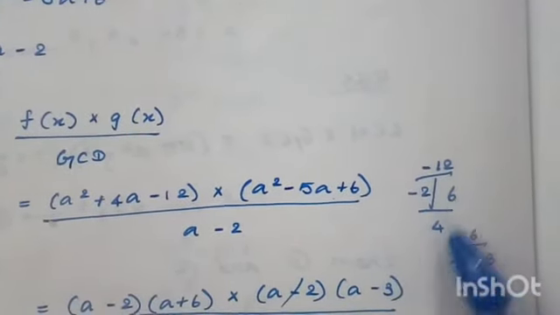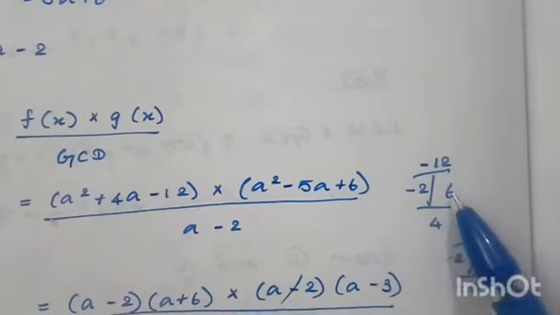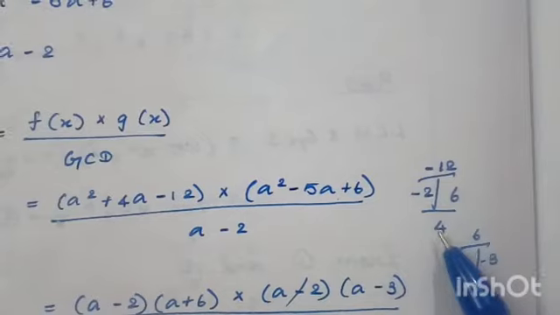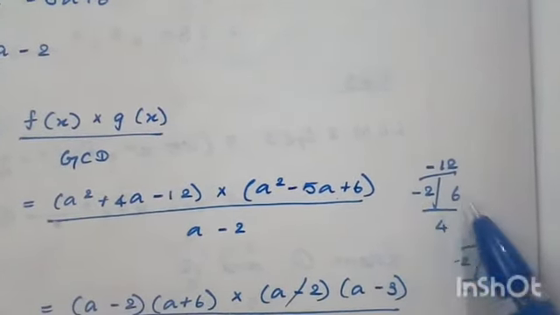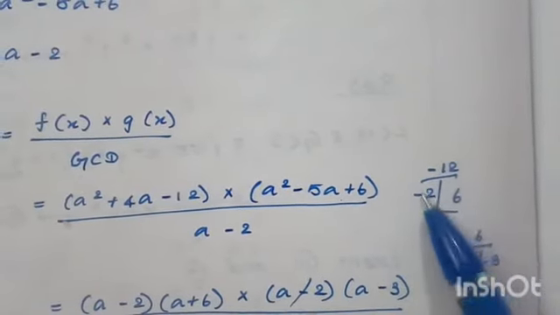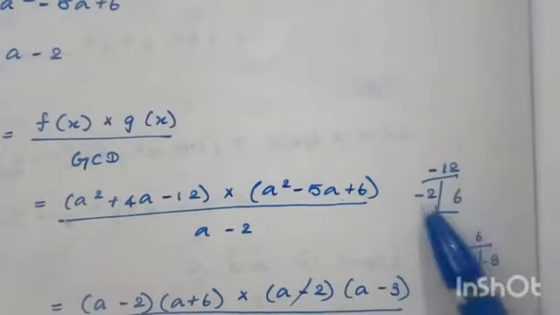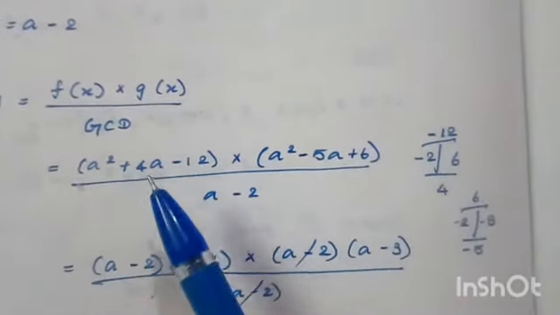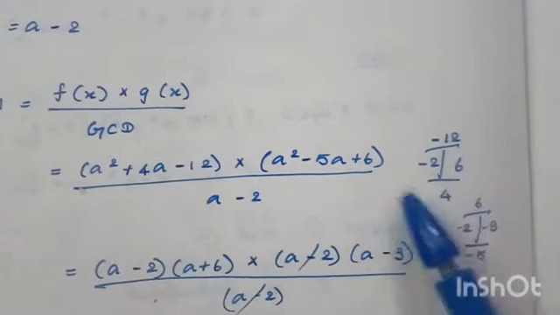2 sixes are 12. We need plus 4 here, so the greater number gets the plus symbol and the other gets the minus symbol. So minus 2 plus 6: 6 twos are 12, minus into plus is minus, and since the signs differ you subtract, 6 minus 2 is 4. So this one's factors are (a minus 2) into (a plus 6).